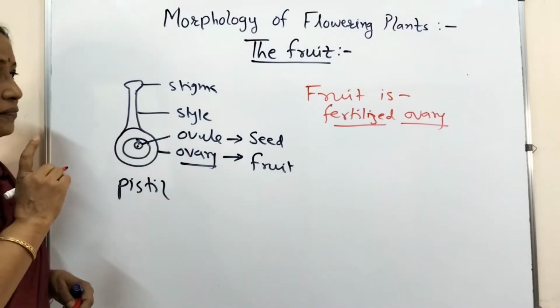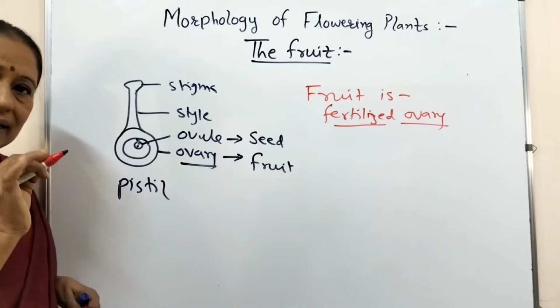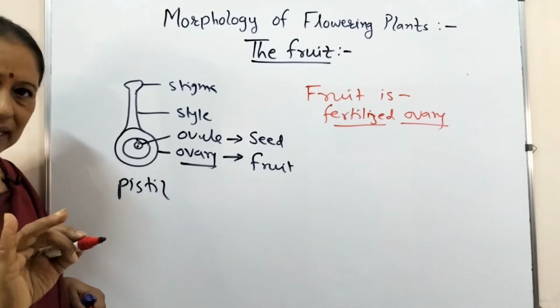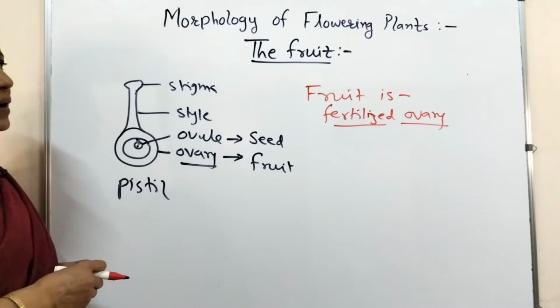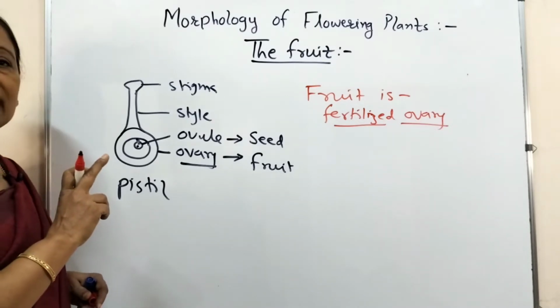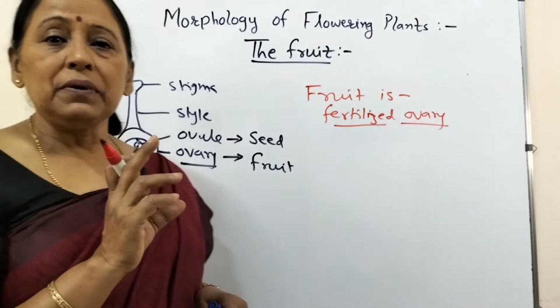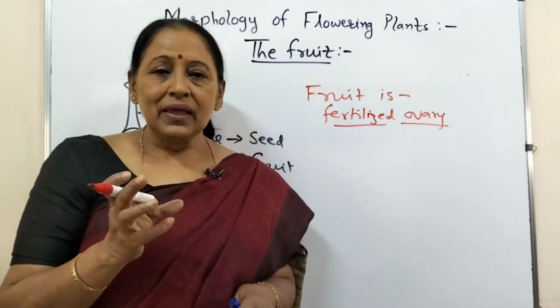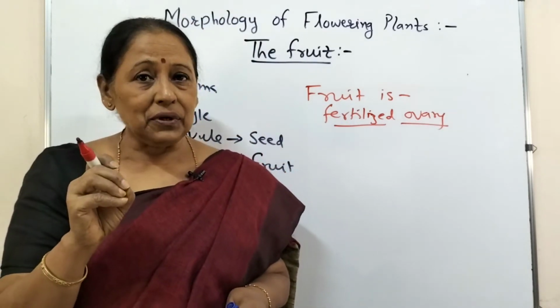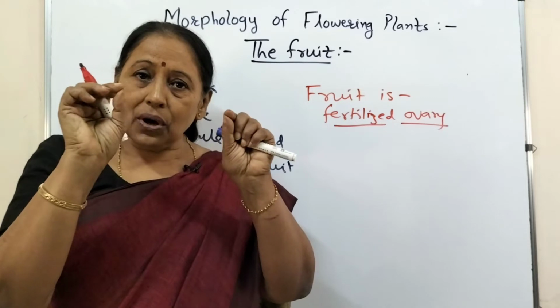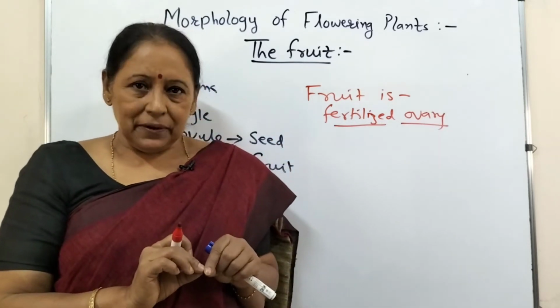And this fruit is found only in case of the flowering plants. Now you know why. There is one more group, that is gymnosperm. Gymnosperms also have ovule, but this ovule is not enclosed by ovary.